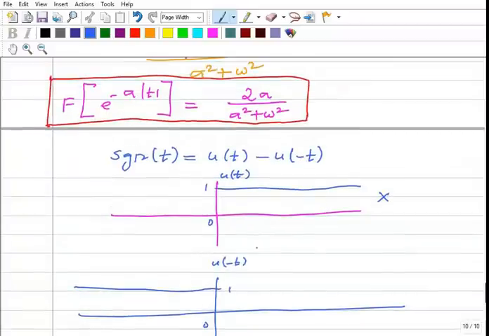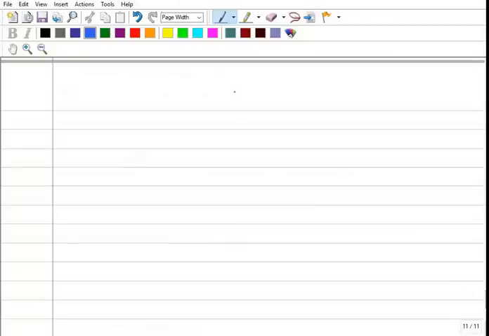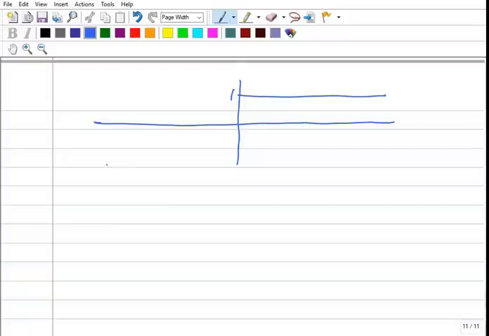Whereas from 0 to infinity, this is 1 and the other is 0. So if I add these two, you will get a signal like this, the sine signal. Okay. First step.